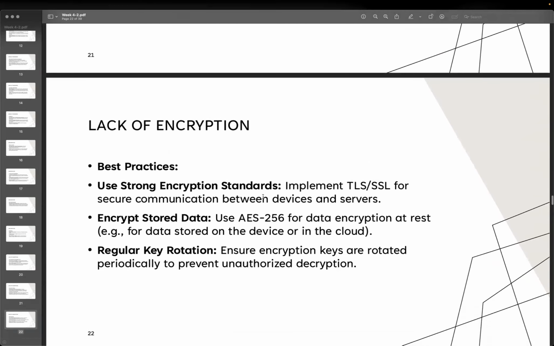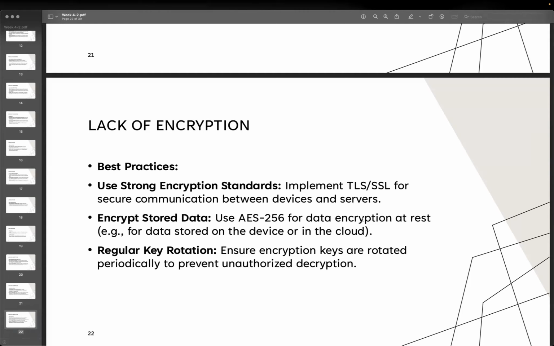And for communication, we always try to add TLS/SSL to secure it, and then encrypt the stored data. Maybe we can use AES-256 or at least 128. Using AES-256 won't take that much time.